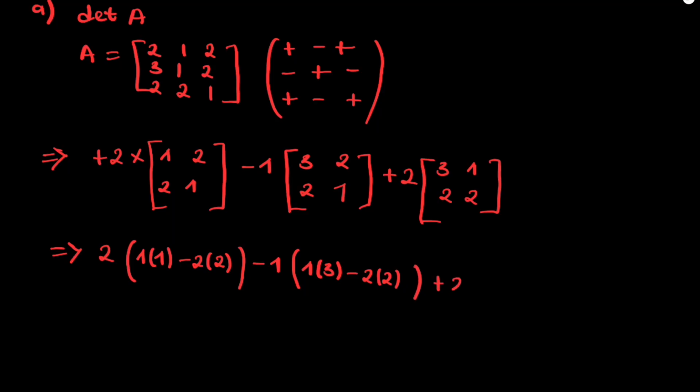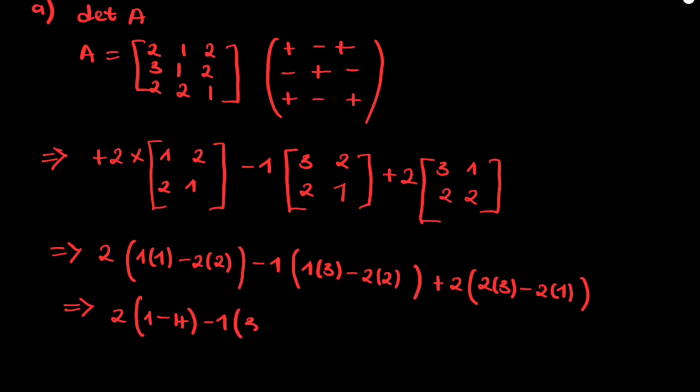Then the determinant of the next: 2 times 3 minus 2 times 1. Simplifying: 2 into 1 times 1 is 1, minus 2 times 2, which is 4. Minus 1 into 1 times 3, which is 3, minus 2 times 2, which is 4. The next, plus 2 into 2 times 3 is 6, minus 2 times 1, which is 2.